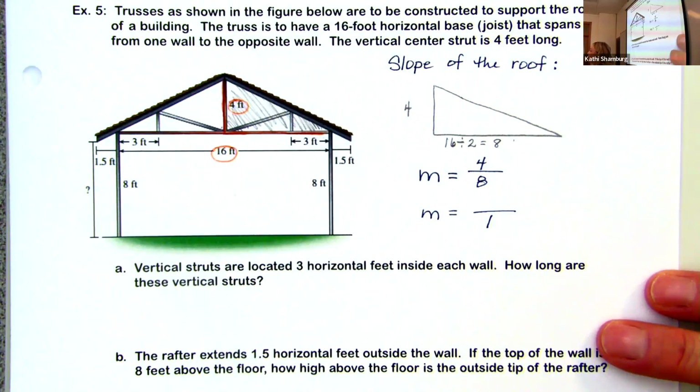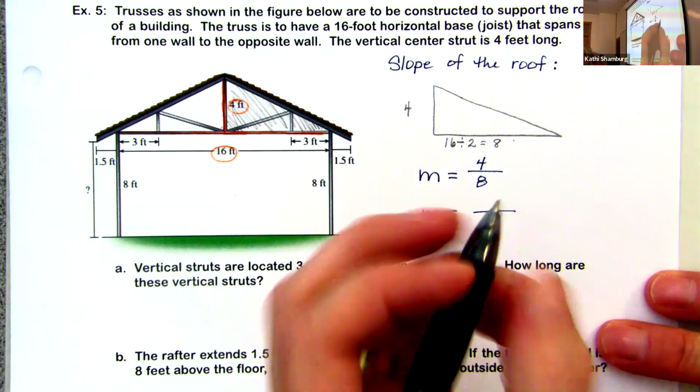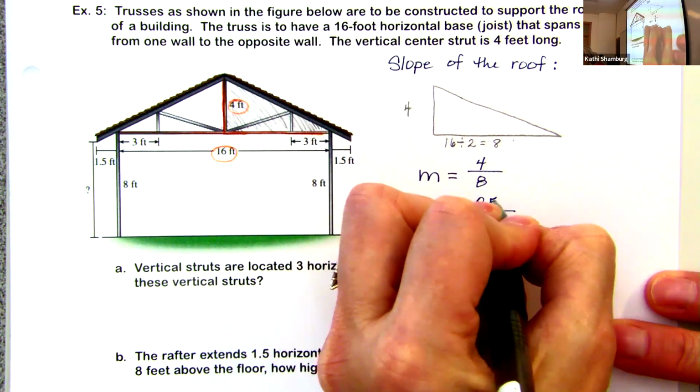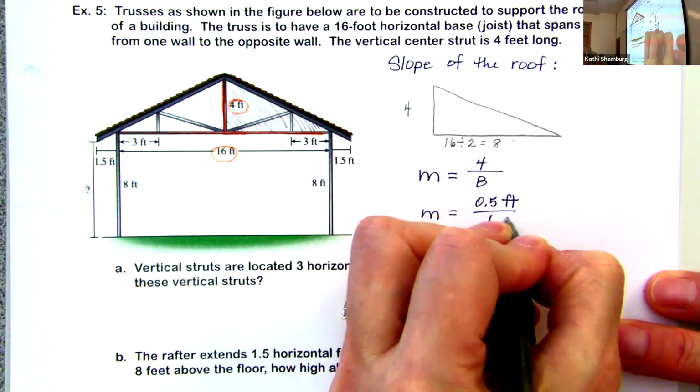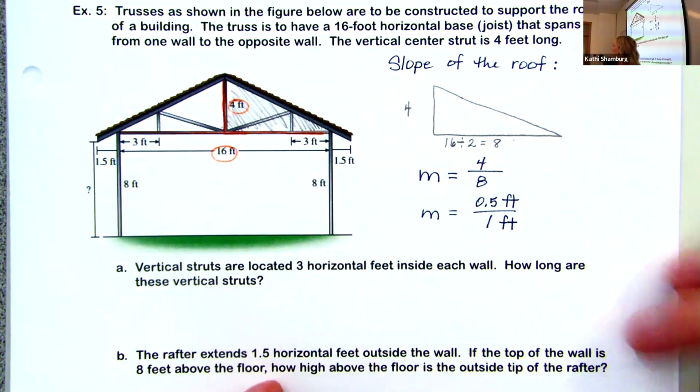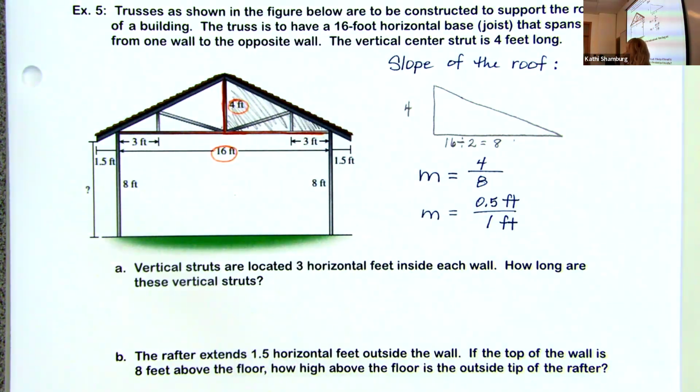So what would my numerator be? What's 4 divided by 8 in decimal form? 0.5. So we get 0.5 feet over 1 foot.